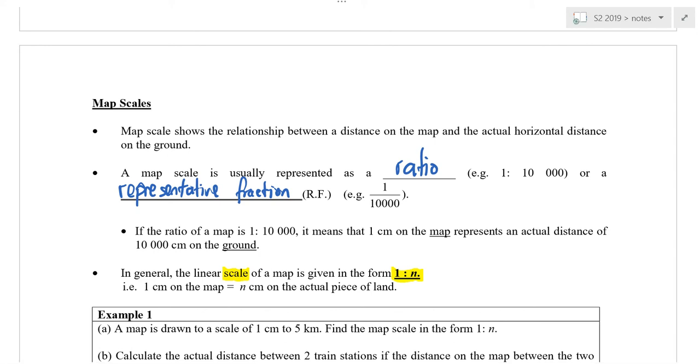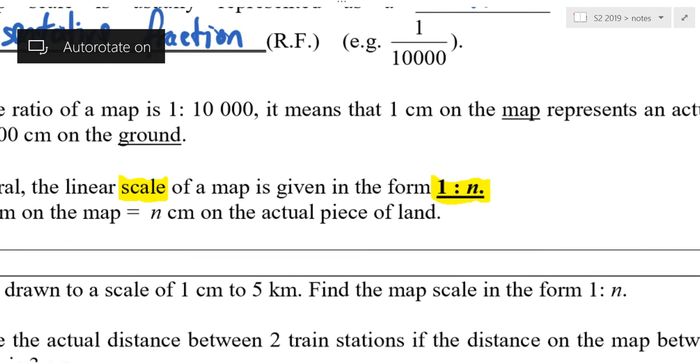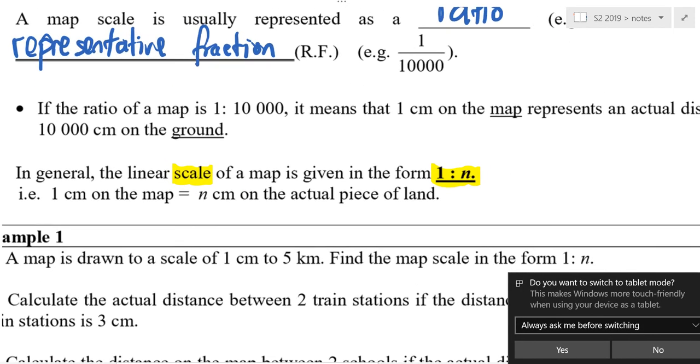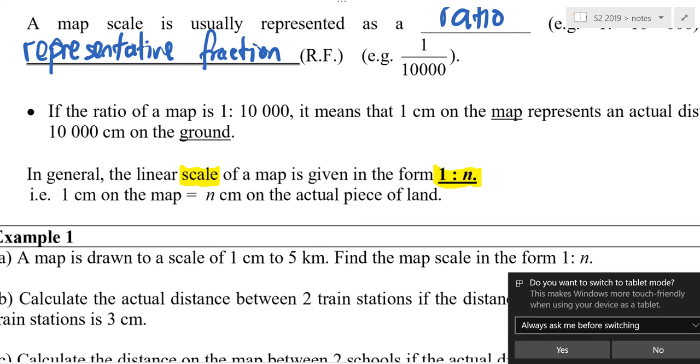Now, what does this even mean? It means that 1 cm on the map represents n cm on the actual. Alright? So take note of this. Write down.